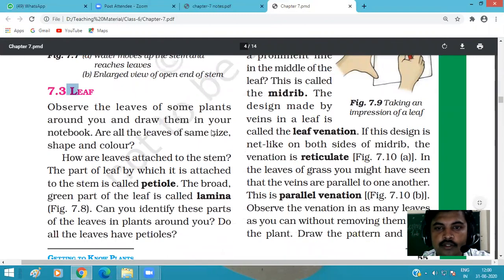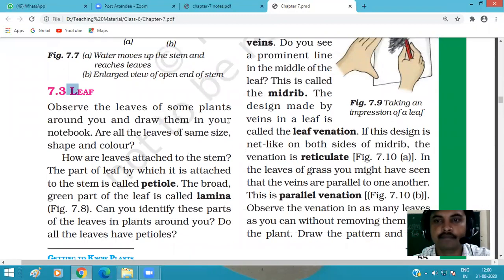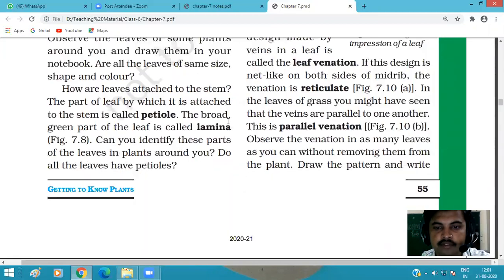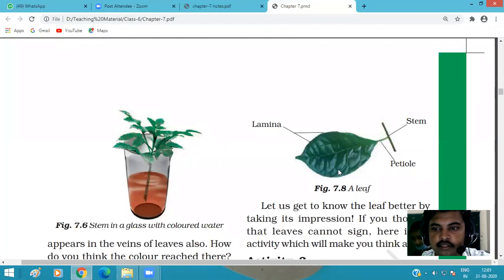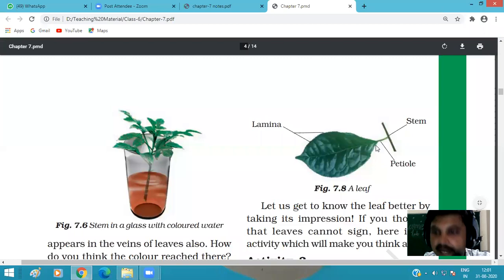In this chapter we see a picture of a leaf. In this picture there are three labelings. This is the stem or the branch part, and the leaf is connected with the stem by the petiole.